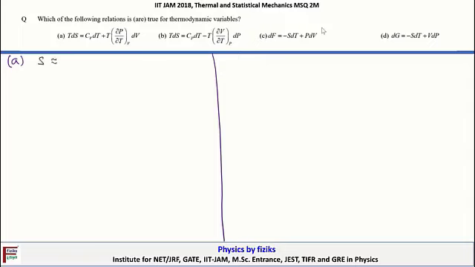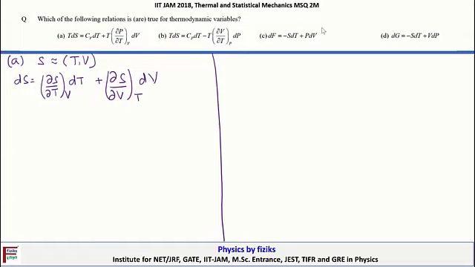Here I'm going to continue with the entropy. We can assume entropy to be a function of temperature and volume. We can choose any two thermodynamic variables. With this we can write a small change in entropy, dS = (dS/dT) at constant volume dT plus (dS/dV) at constant temperature dV.